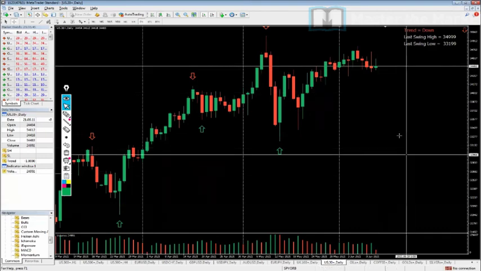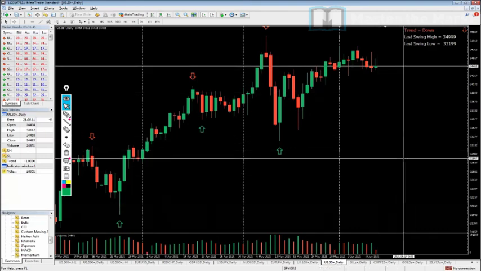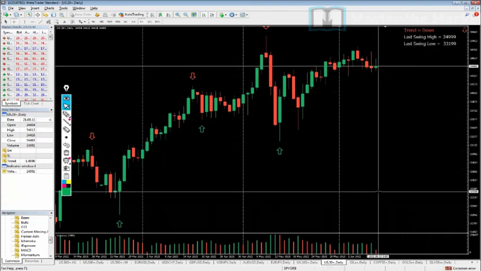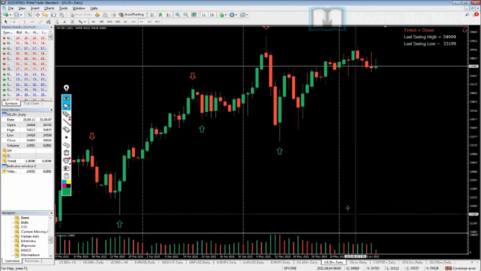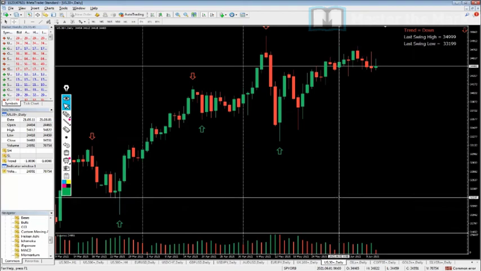Or we could go further down if it breaks this level and pick up even further buyers down here. So lots of intrigue in the index markets and actually any of the markets. So very interesting times ahead for this summer.